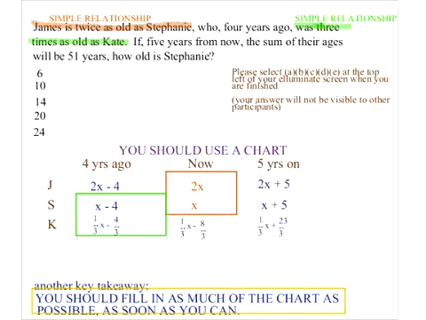So now you can solve the problem. 5 years from now, the sum of their ages will be 51 years. So you add these up, and you make 51 years. So 2x plus 5 plus x plus 5 plus 1/3 x plus 23/3 equals 51.